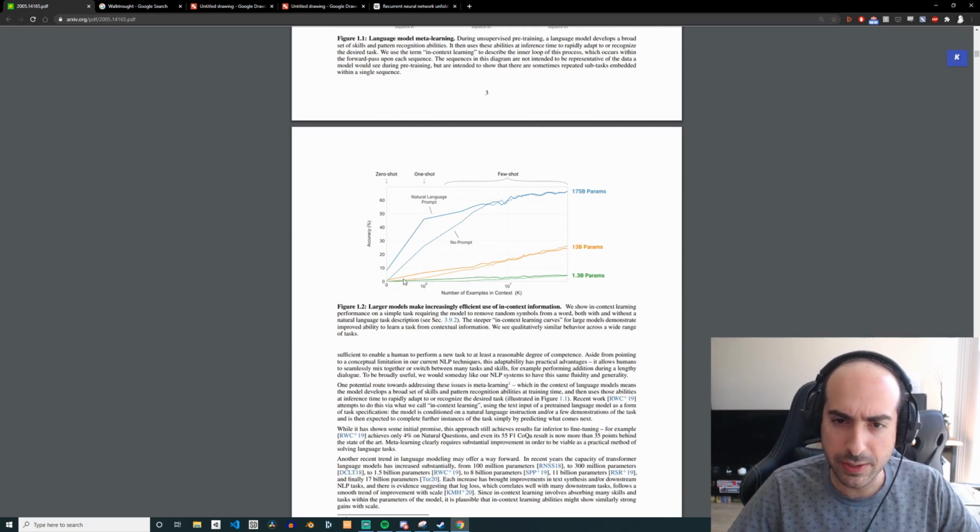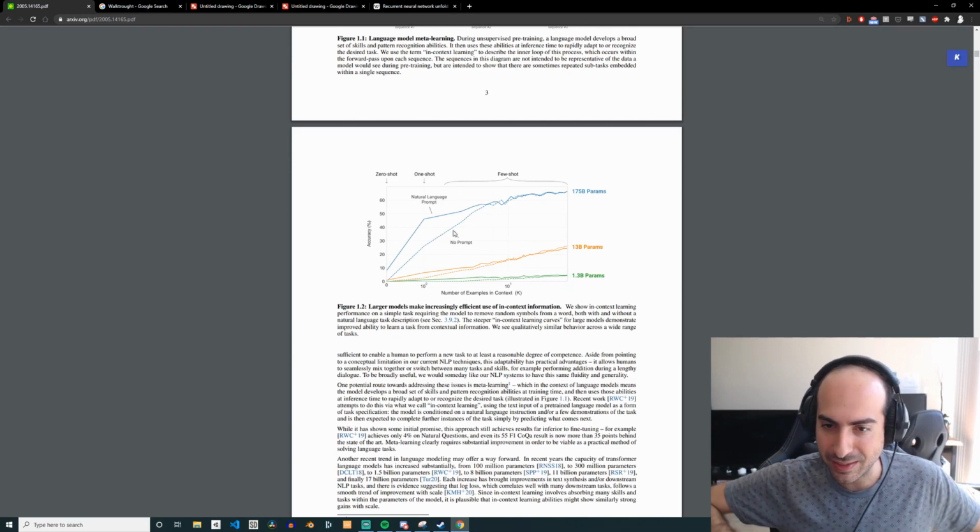And also, you see here that the accuracy typically for 0 shot versus 1 shot versus few shot doesn't change a lot, whereas for these really large models, it seems to.